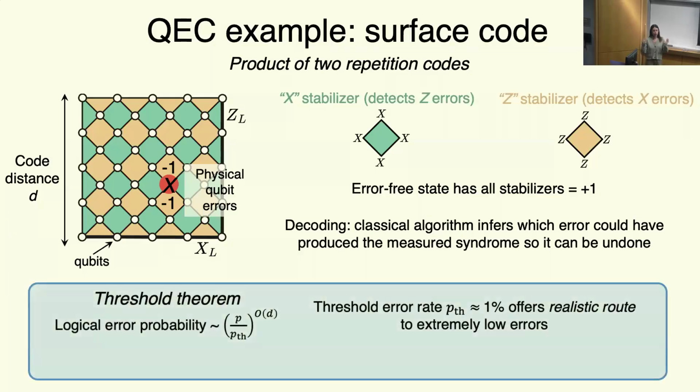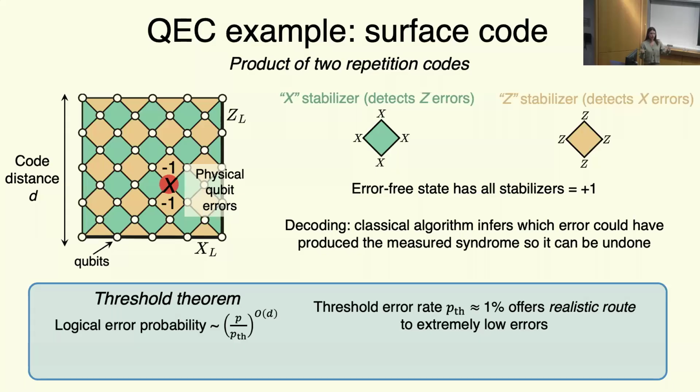So the most important fundamental theorem of quantum error correction is called the threshold theorem. And this is really the key theorem that allows errors to be corrected in a scalable way. What it basically says is that as I grow the code distance, or the size of my lattice, I have more opportunities for physical errors because I'm introducing more qubits, but I also gain more stabilizers.